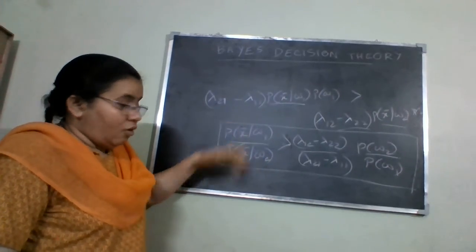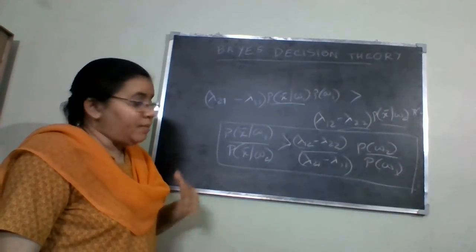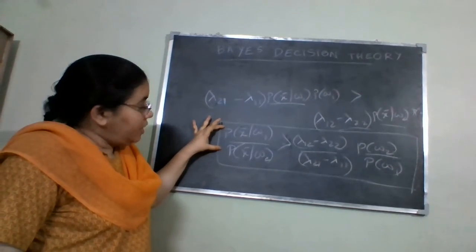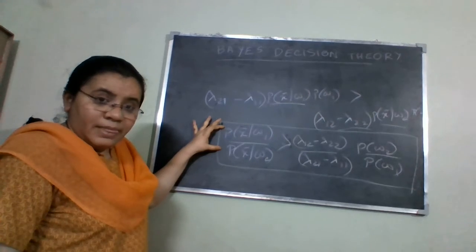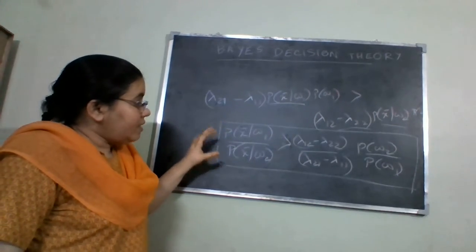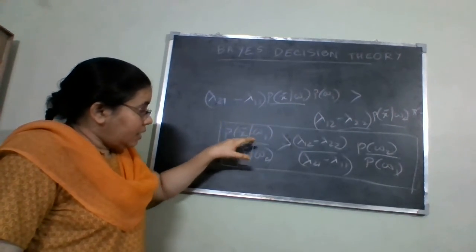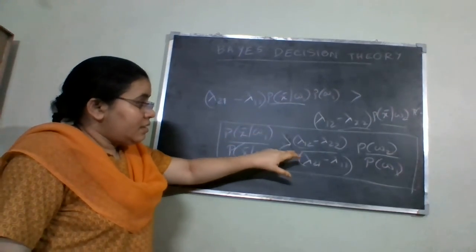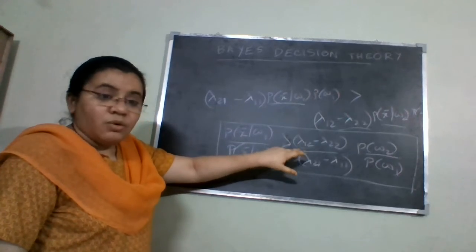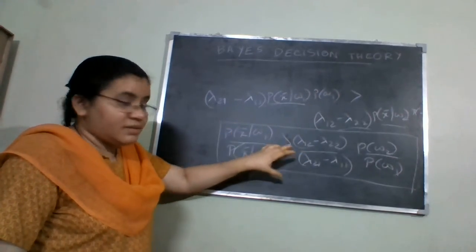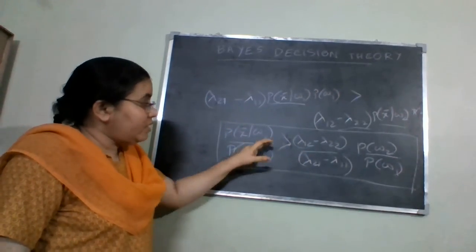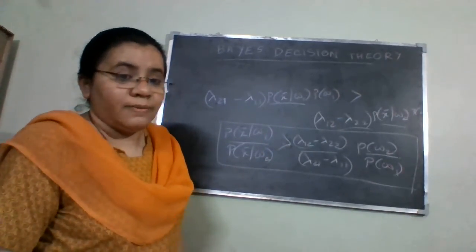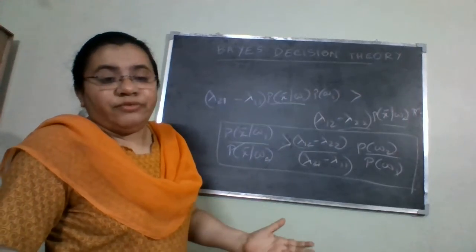We can also define the Bayes theorem in a different way: first we take a ratio of the likelihoods, and if it exceeds 1, then we will take a decision in favor of omega 1, otherwise the decision will be taken in favor of omega 2. So this is another form of defining the Bayes theorem.